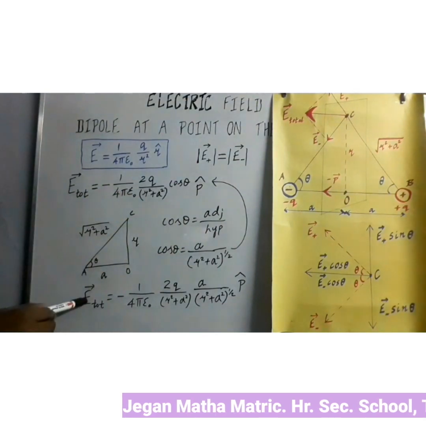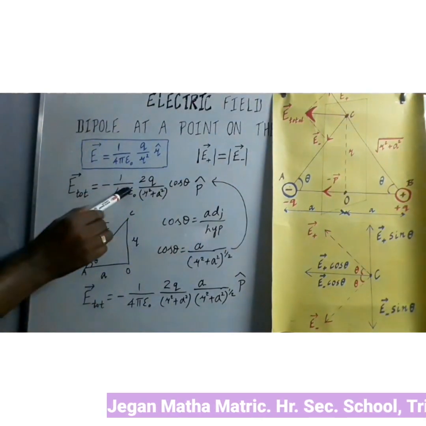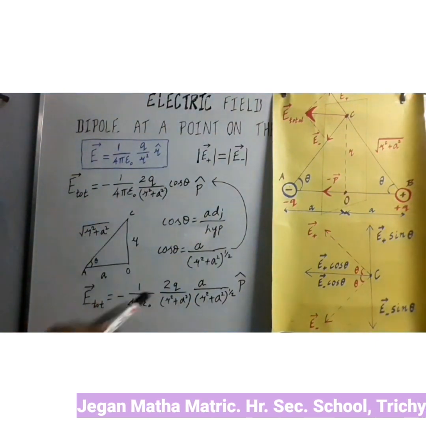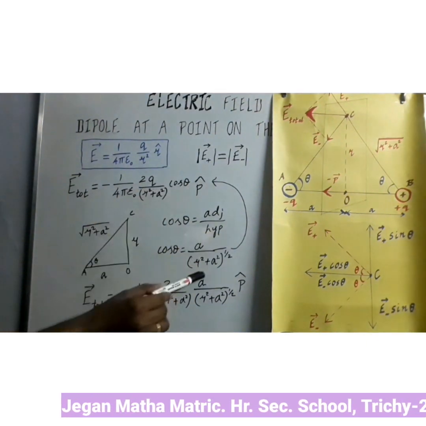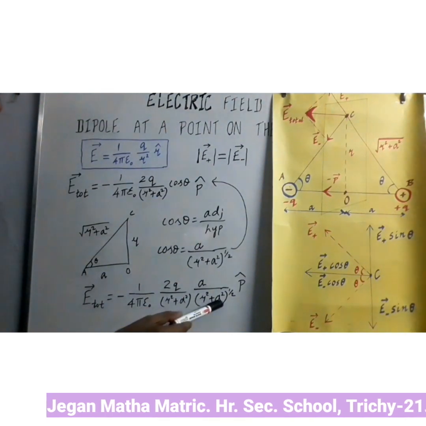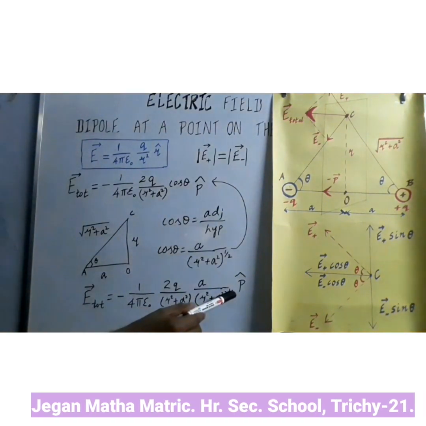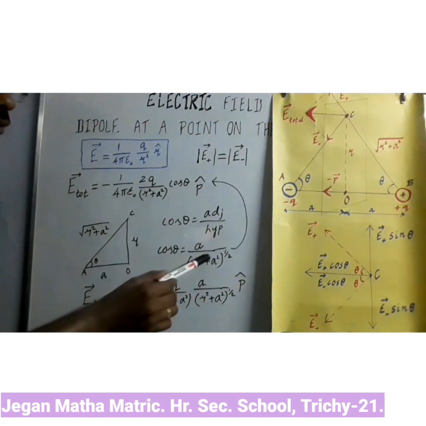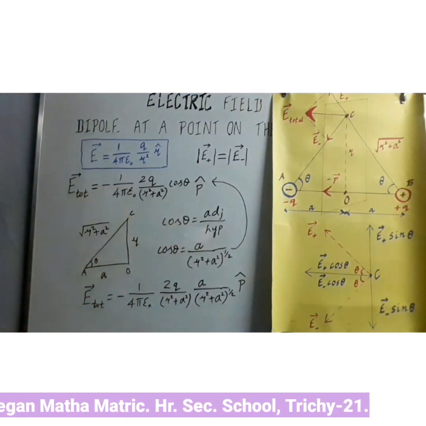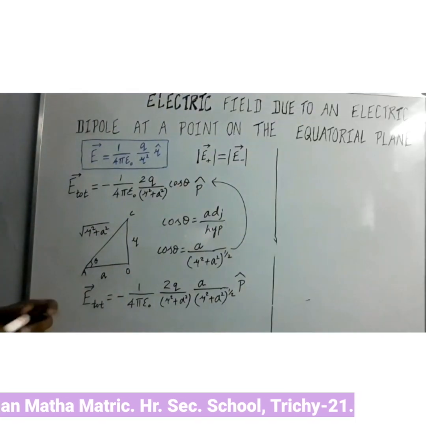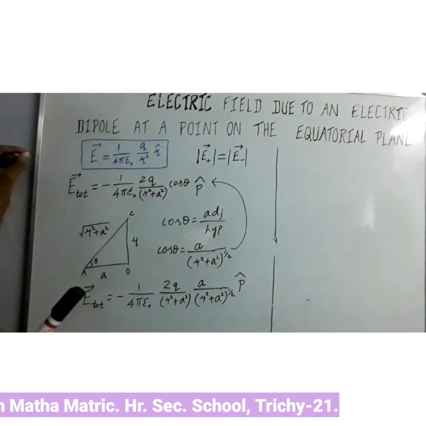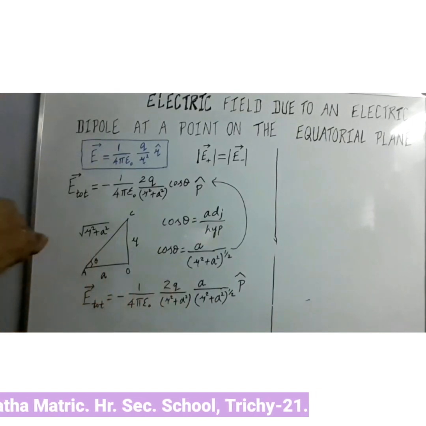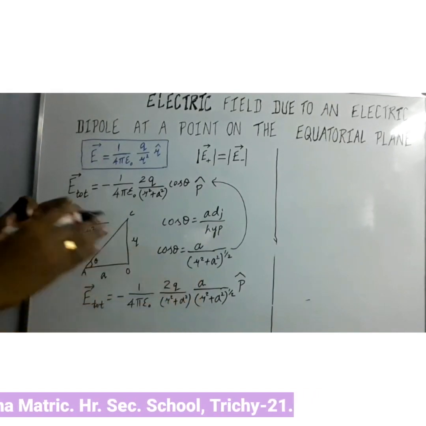So the total electric field is equal to minus 1 by 4 pi epsilon naught, as it is, 2q by r square plus a square, also as it is, into the value of cos theta, a by r square plus a square power 1 by 2, into p cap. So we have substituted the value of cos theta in the expression for the total electric field. Here we can get the expression for the electric dipole moment, because 2qa is nothing but the product of the charge and the distance between the two charges.